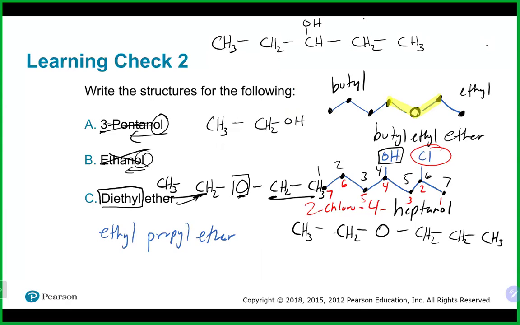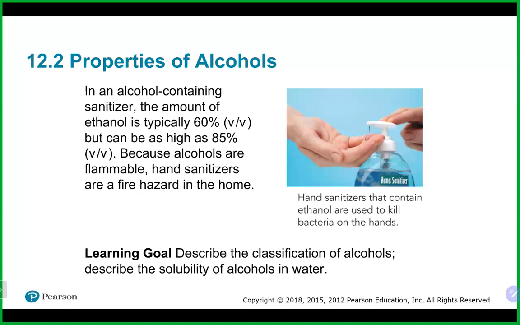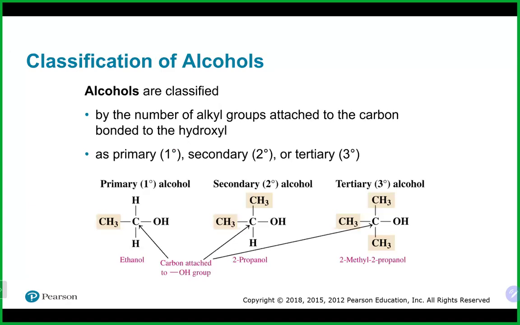All right. So let's talk a little bit about some properties of alcohols. Obviously, an alcohol-containing sanitizer is 60% by volume or 85% by volume, with a little isopropyl alcohol in there. Alcohols, as we talked about, can be classified as primary, secondary, or tertiary.